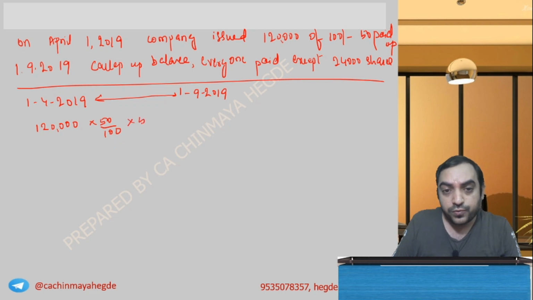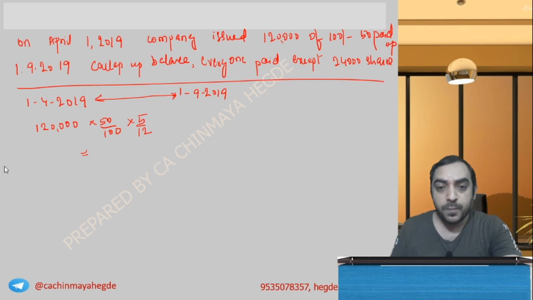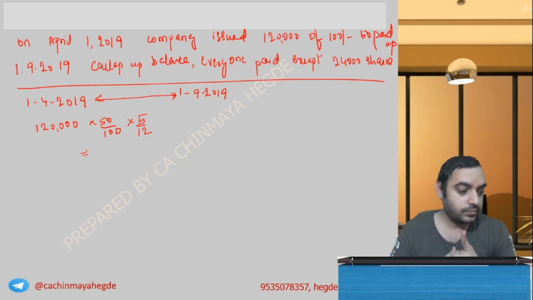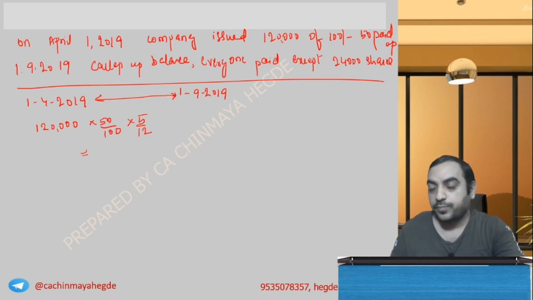So 1,20,000 into 50 by 100 into 5 by 12 gives 25,000.